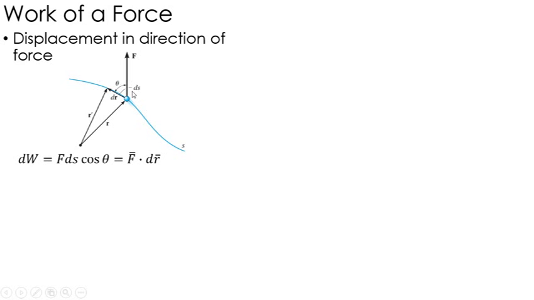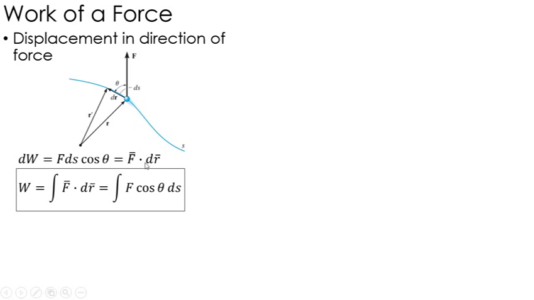So that's essentially a cosine of this angle, right, to get that force in the direction of motion. Okay, so it's force times ds cosine of the angle, which by definition is a dot product. So I can find the work simply as the force dotted with displacement.